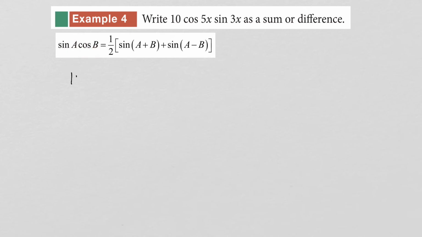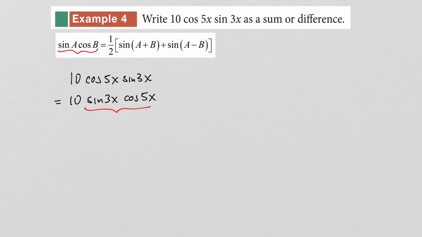So the expression we have, 10 times the cosine of 5x times the sine of 3x, let's first understand that this is the same as 10 times the sine of 3x times the cosine of 5x. And so now this portion of what we're looking at can be rewritten using this part of the formula. To do this, we are going to use a equals 3x and b equals 5x.